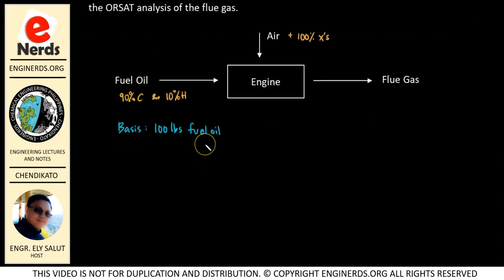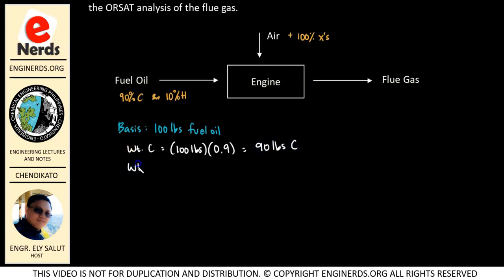Okay? And since we have 100 pounds of fuel oil, makukuha natin ngayon yung weight ng carbon. So, ang weight ng carbon natin is 90% of our fuel oil. So, we have 100 pounds times 0.9. So, this is equal to 90 pounds of carbon.